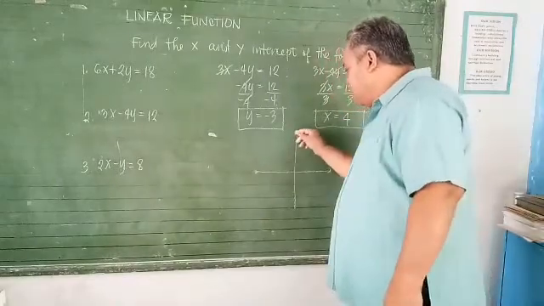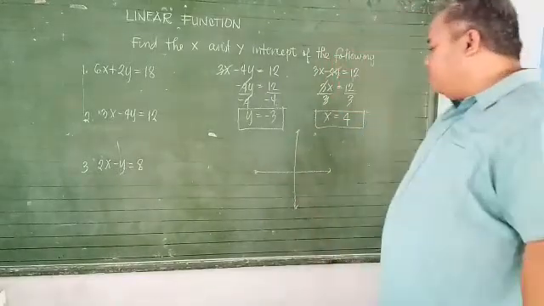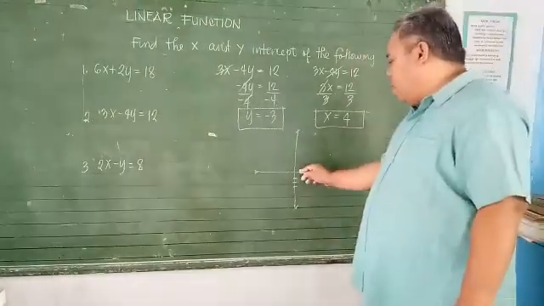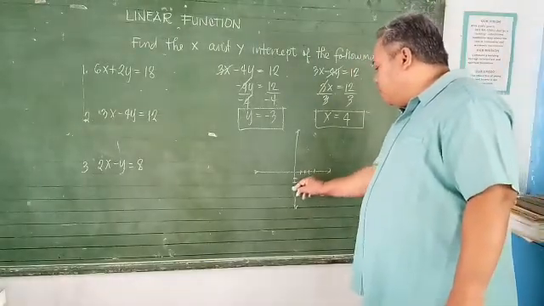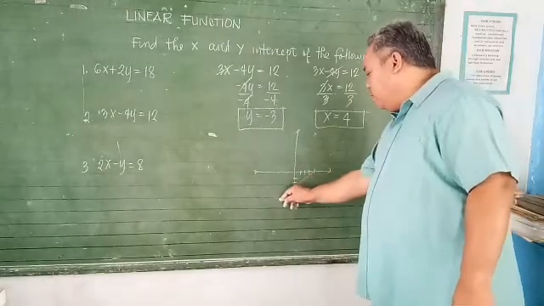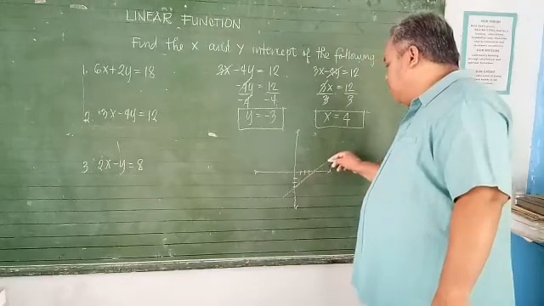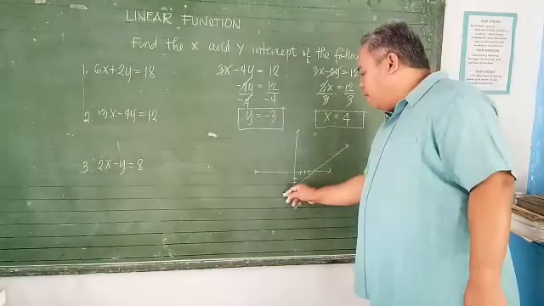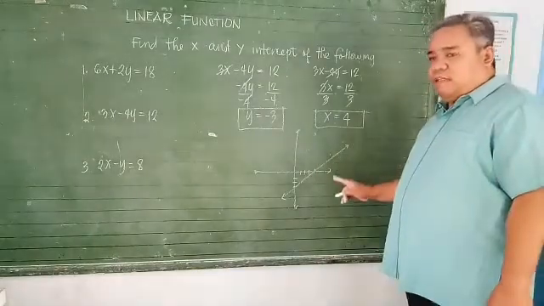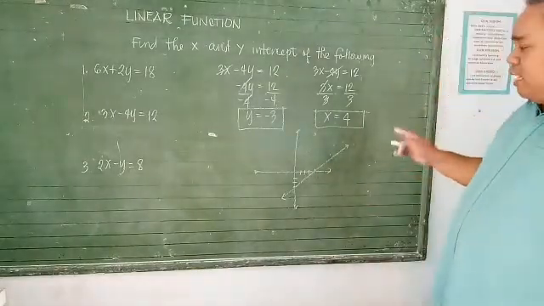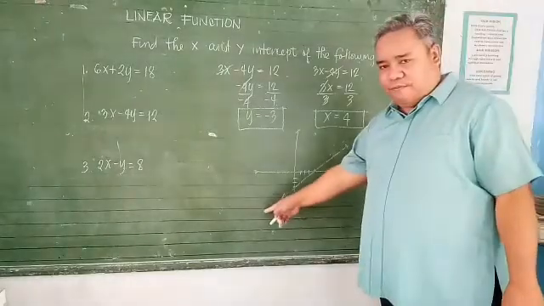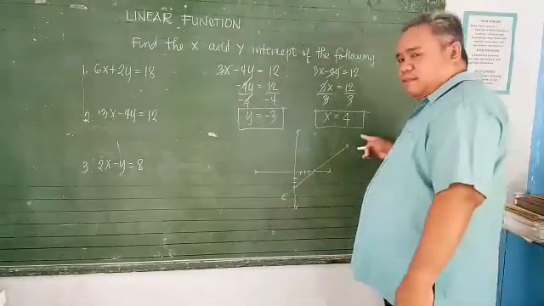Sketch natin yung graph. So negative 3, dito yan, 1, 2, and 3. And then 4, dito rin siya, 1, 2, 3, and 4. So ito yun. So this would be your graph. Now, this graph contains what we call the positive slope. Kasi your line came from left going to right.